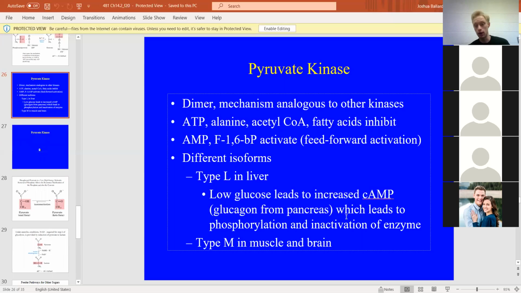If our bodies don't have a lot of glucose, then obviously glycolysis shouldn't be going on, and this explains why glycolysis doesn't happen. The low glucose leads to increased cyclic AMP, which then leads to phosphorylation of pyruvate kinase, which inactivates it, so that glycolysis doesn't continue.